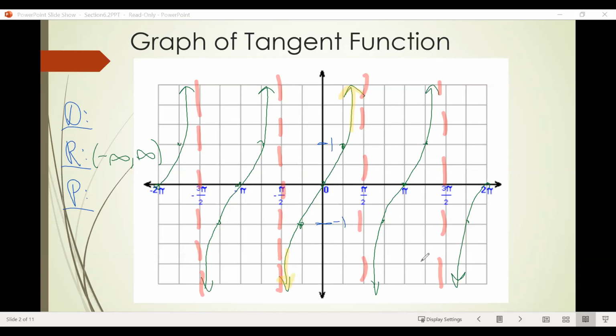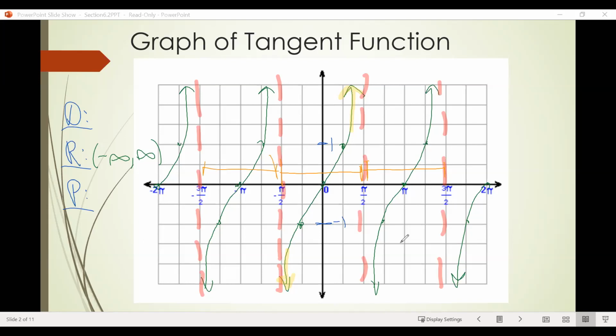For the period, remember that's the distance over which we see the pattern repeating. And notice that we have one set of the pattern, or copy of the pattern, between here and here, another between here and here, another between here and here.